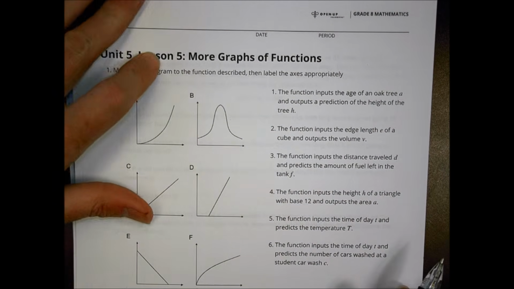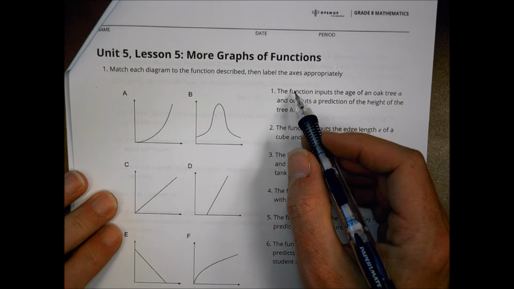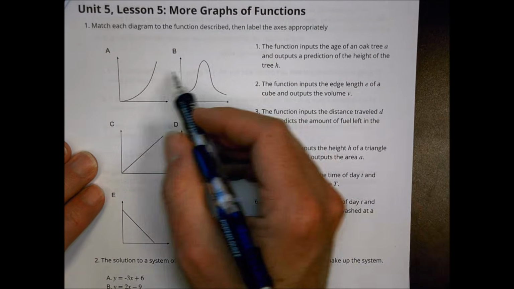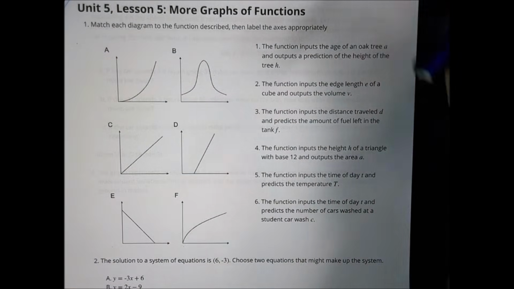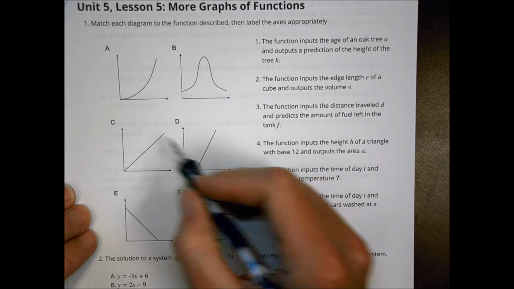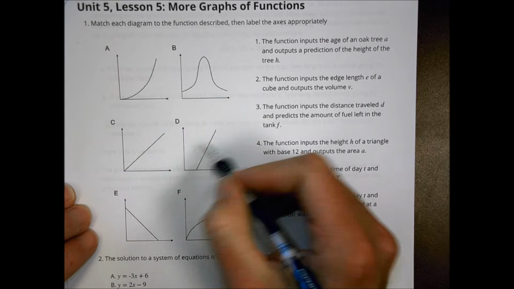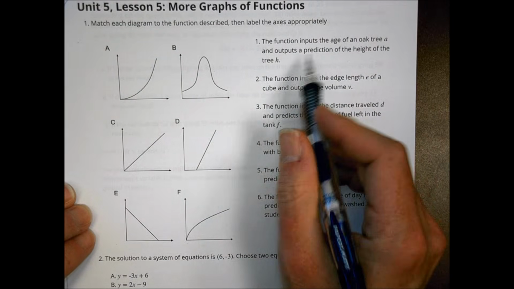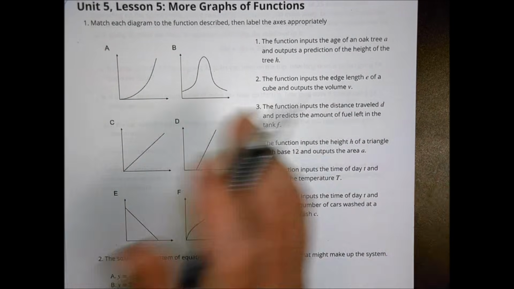First of all, with tonight's homework, we are given several statements, numbers 1 through 6, that correspond to the graphs over here. This is an interesting problem, and when I first was working on it, you do need to look at each of the pictures to get a feel for what they might be showing. Then as you read these, you might find that you can figure out what goes with what, and you get them in a different order as you go along.